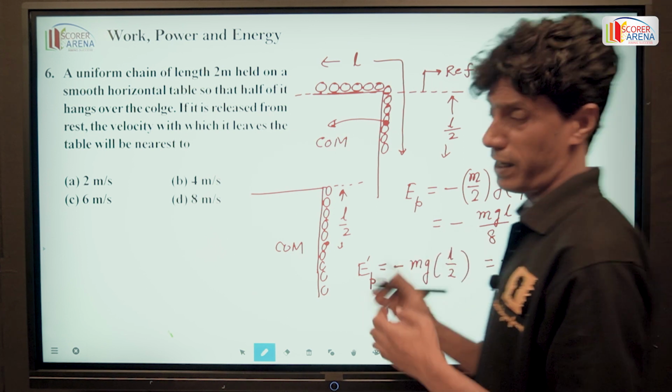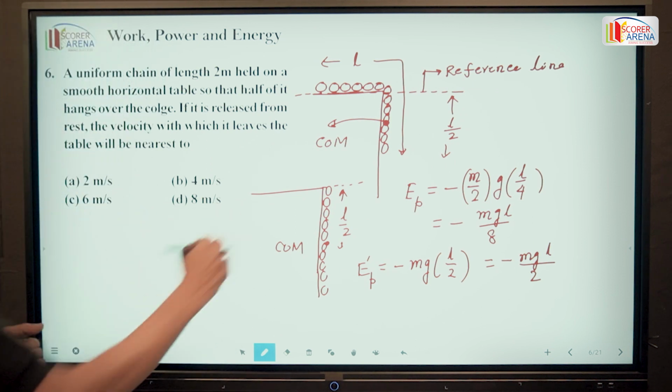This is the potential energy of the chain with respect to the reference line.